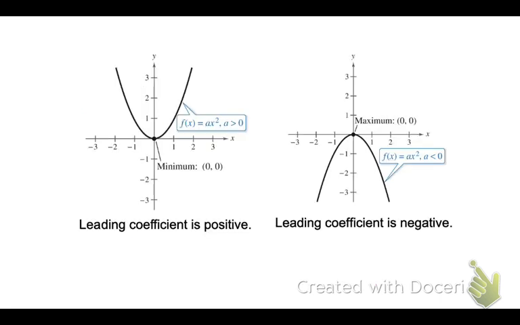Okay, so positive, negative coefficient. A is greater than 0, it opens up. A is less than 0, it opens down. And again, in order to do this, for the leading coefficient, it has to be in order, correct?